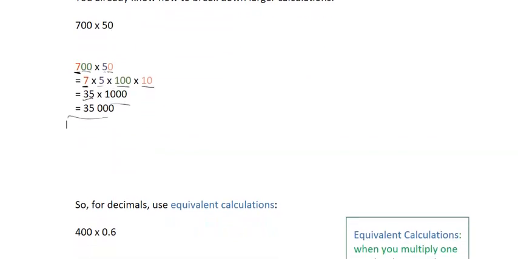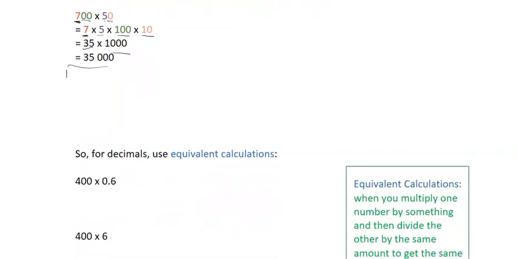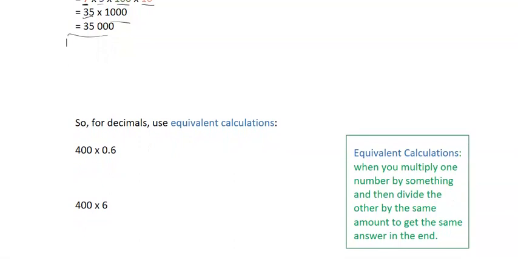So for decimals, you can use equivalent calculations, and the definition is on the right. It's when you multiply one number by something and then divide by the same amount to get the same answer in the end. So one way I can show you is this. Just like with dividing by decimals, when multiplying with decimals, you can multiply this by 10 to get rid of that.